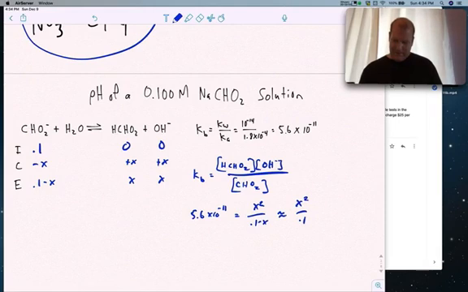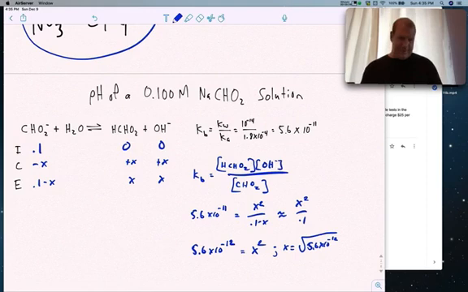So that means 5.6 times 10 to the minus 12 equals x squared, or x equals the square root of 5.6 times 10 to the minus 12. So it's going to be 2 point something times 10 to the minus 6.